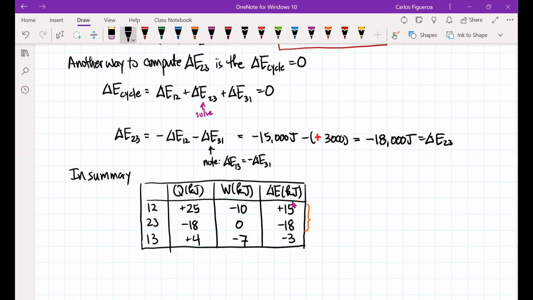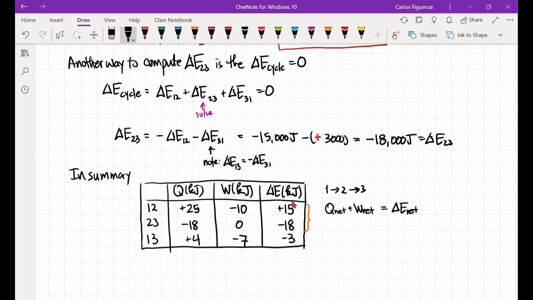For the cycle, the net work and the net heat should give me the net internal energy as I go from 1 to 2 and then 2 to 3.